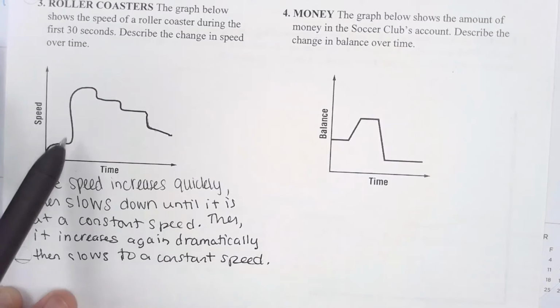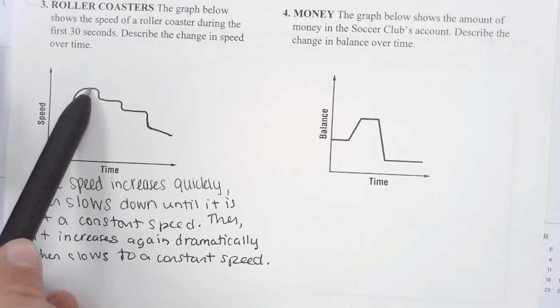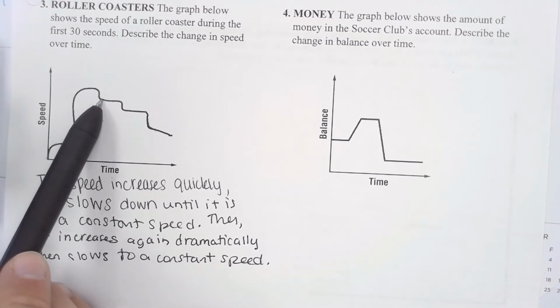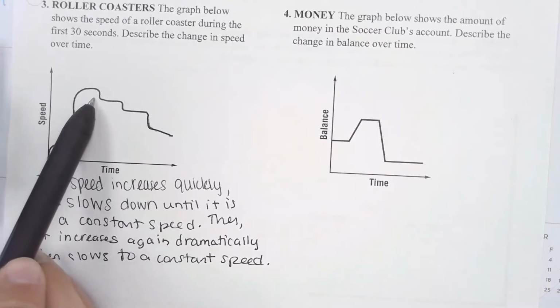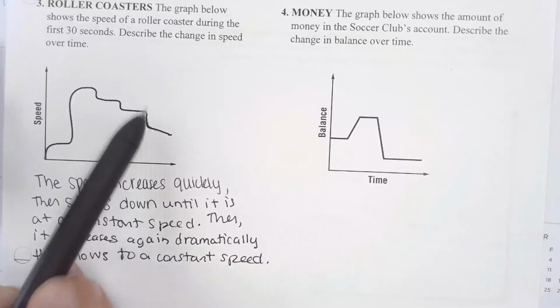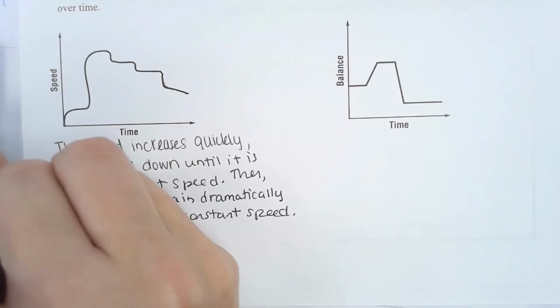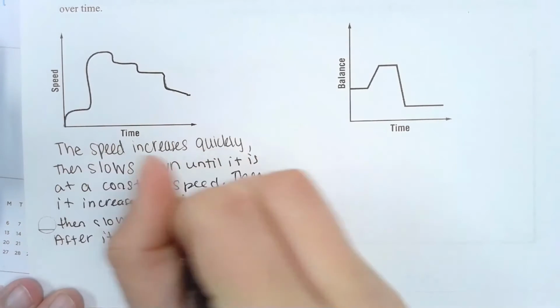So that's talking about those parts. So after here it does slow down again and then becomes constant. And then we could put, then it slows down, constant, slows down, constant, slows down, constant again. I'm just going to say how many times it happened because I don't want to repeat that multiple times. So I'm just going to say after it has 3 drop-offs.